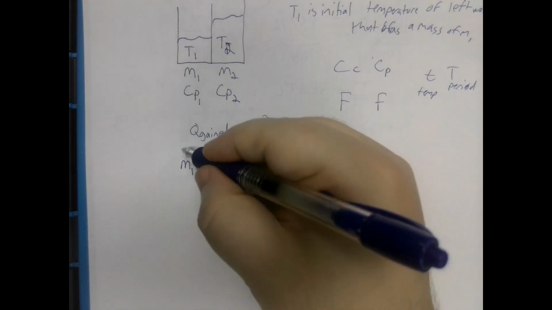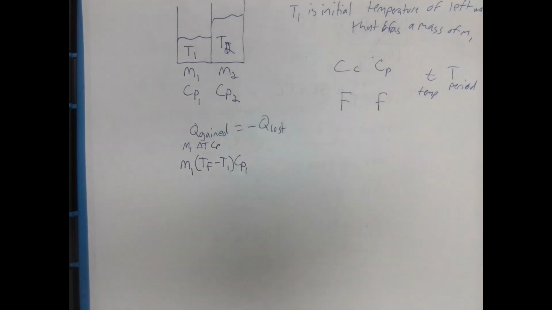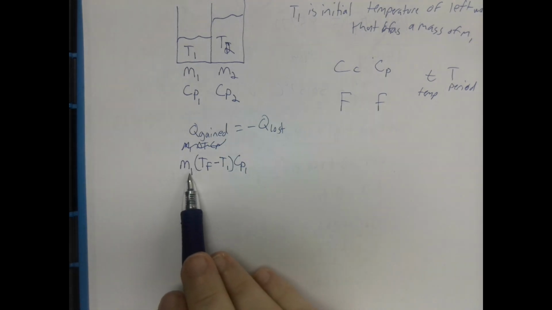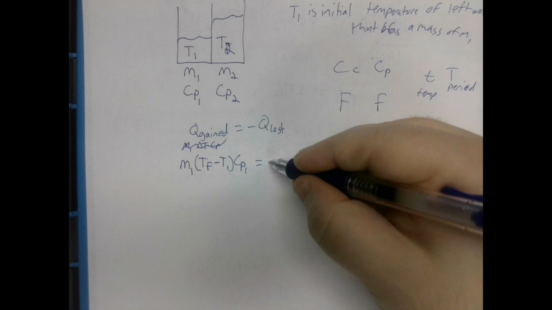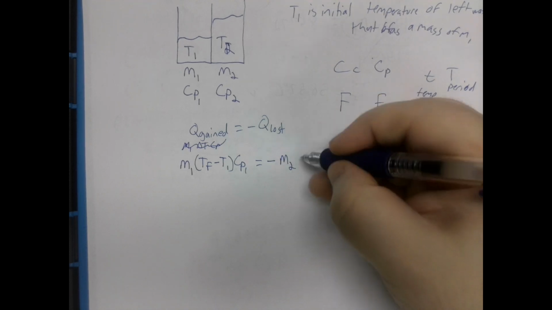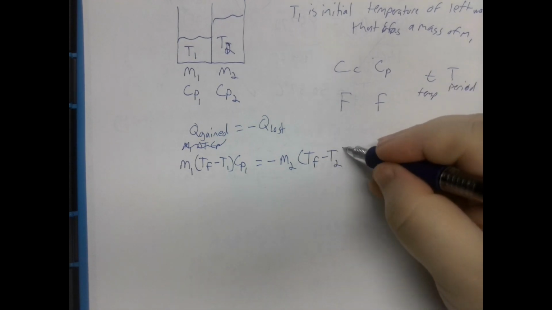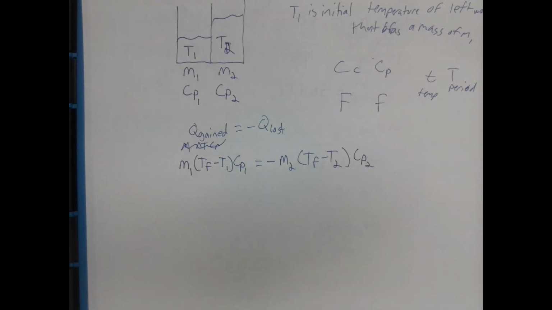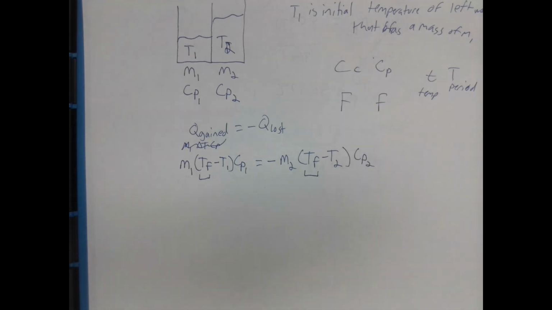So this is M1 delta T Cp. I have mass of the first one times the change in temperature times the specific heat. This should be equal to negative mass 2 times final minus initial times the specific heat over here. I am solving for TF.